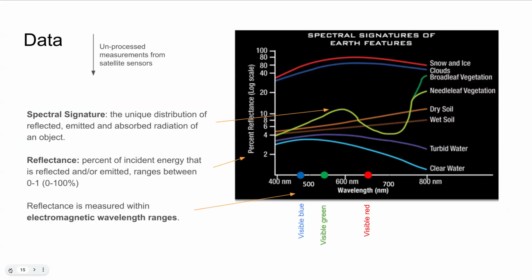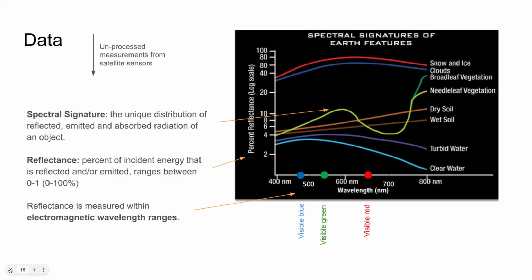What satellites record is a spectral signature, and all that is is the amount of light or energy that a surface reflects along different wavelengths of light. The spectral signature is a unique distribution of reflected, emitted, and absorbed radiation of different objects. This reflectance measure is just the percent of energy coming down that is reflected or emitted back up by these different objects.